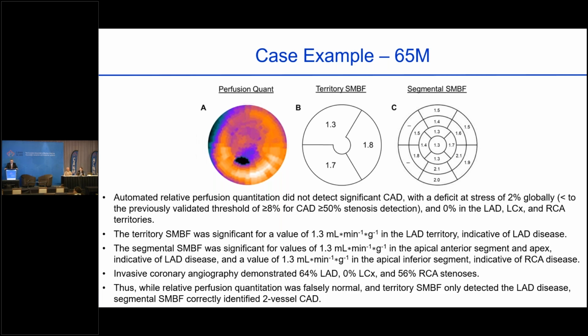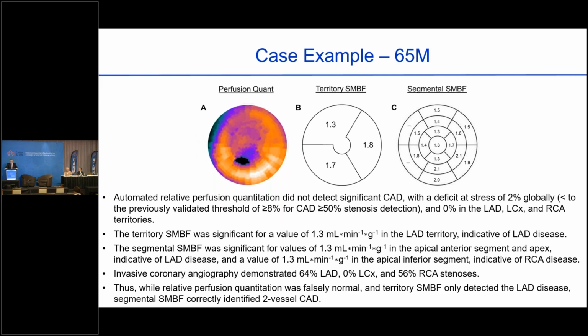So based on the relative perfusion, he had no significant disease in any of the coronary distributions. The territory stress flow, which is the middle figure, was significant for a value of 1.3 in the LAD territory, indicative of LAD disease.